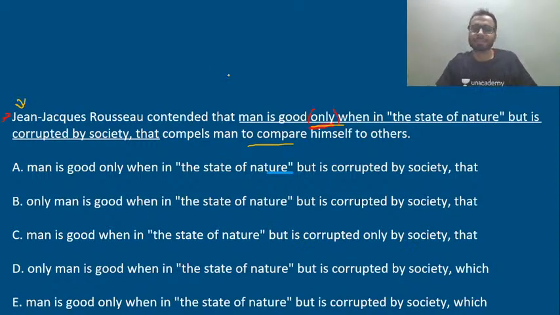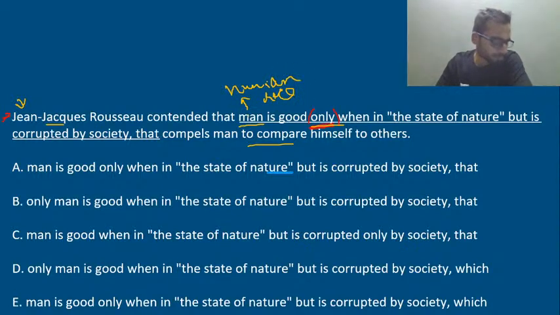So, the author is trying to tell us that we have a philosopher, Jean-Jacques Rousseau. Now, this guy says that man is good. Whenever we are talking about man in such a fashion, we mean the entire human race. This man is not just referring to the male gender. We're talking about the human race here, right?